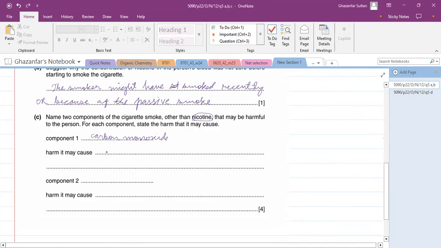So what happens? Carbon monoxide causes, or you can say it affects the absorption of oxygen.